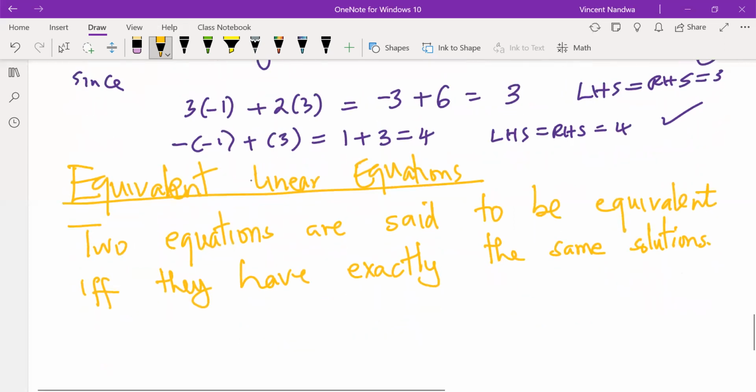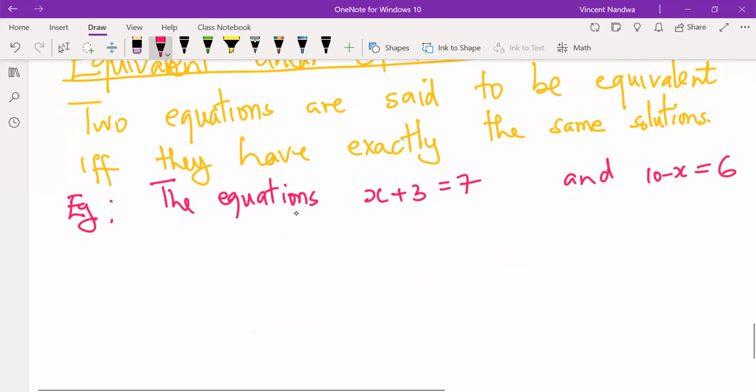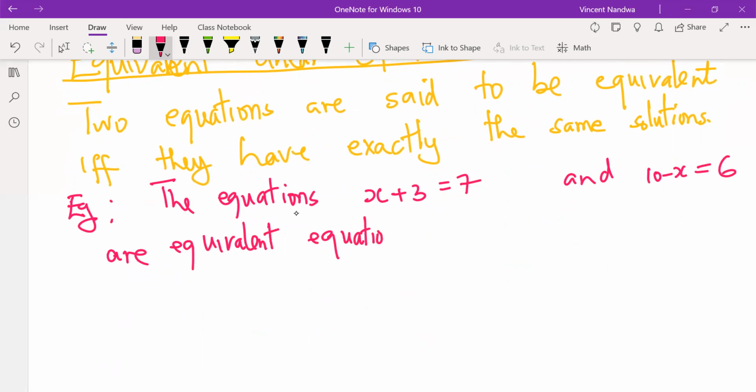So we can give examples, e.g., the equations x plus 3 equals 7 and 10 minus x equals 6 are equivalent equations since each has 4 as its solution.